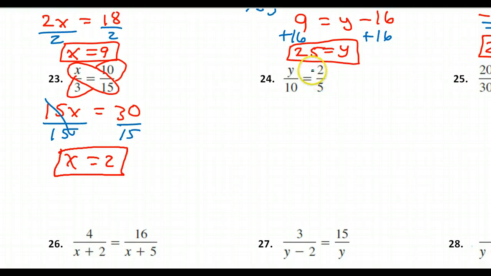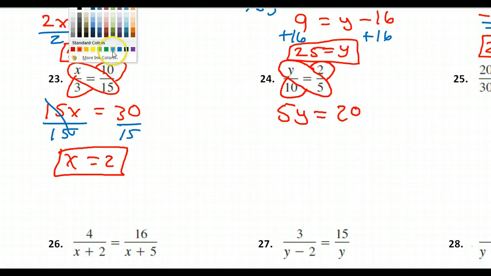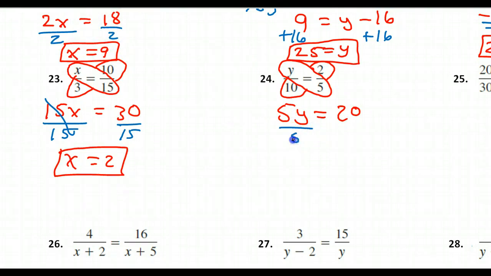Number 24. If I do this diagonal, that's 5y. If I do this diagonal, that's 20. Divide both sides by 5. I have y equals 4.